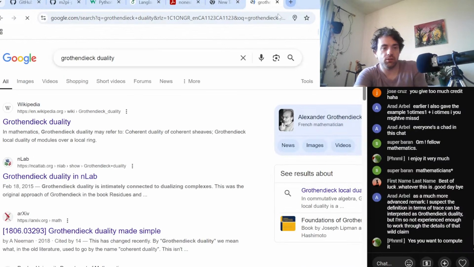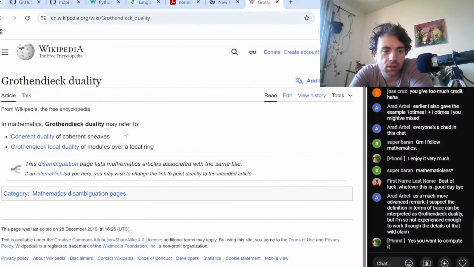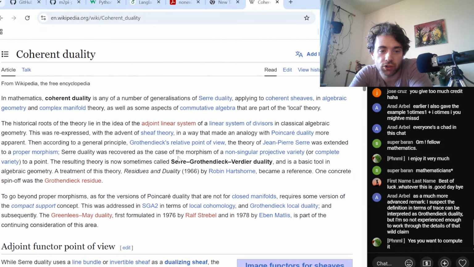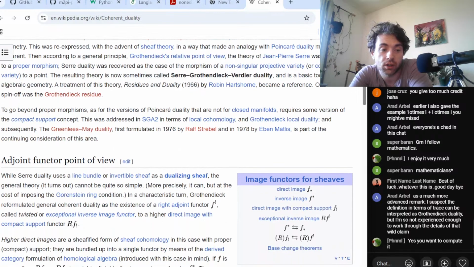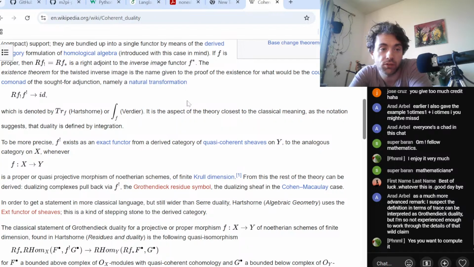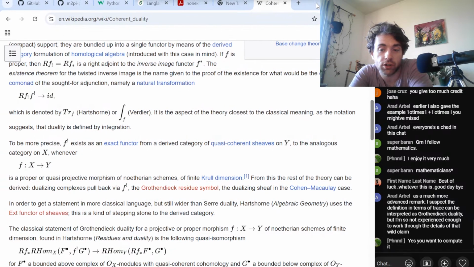Is that like Serre duality or something? Coherent duality of coherent sheaves? Serre, Grothendieck, Verdier duality? Oh, well, Verdier duality I know, sort of. That comes up in my work on perverse sheaves. Oh, I see. There is some sort of tracing. And it's interesting actually.